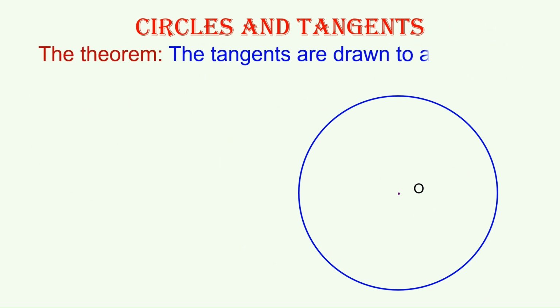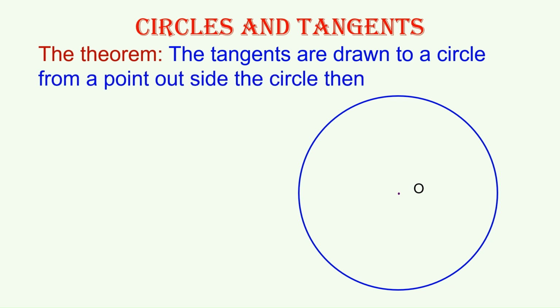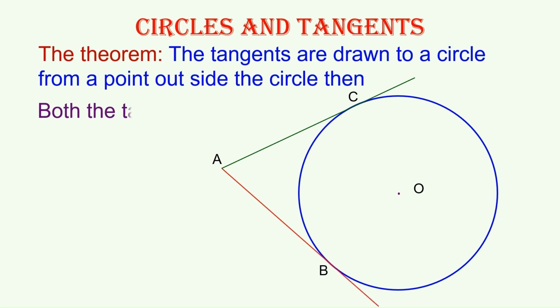Understand the theorem. First, if two tangents are drawn to a circle from a point outside the circle, then both the tangents are equal in length.